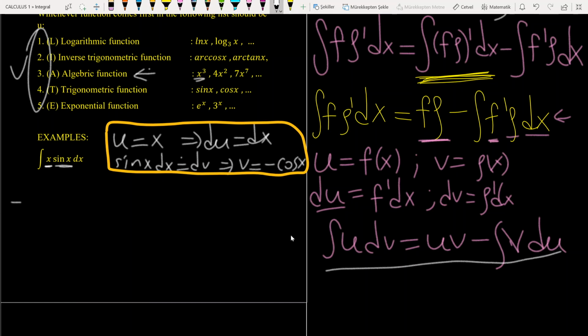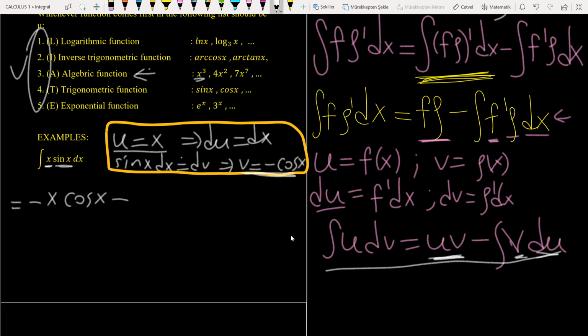Then this integral is equal to, look at the formula, u times v, so it means minus x cosine x minus the integral of v du.